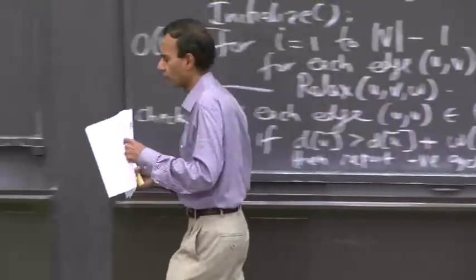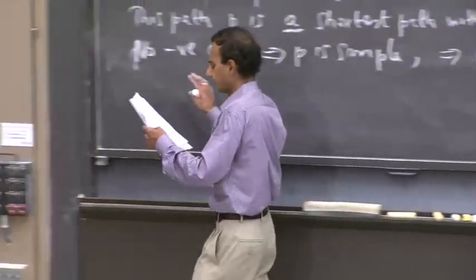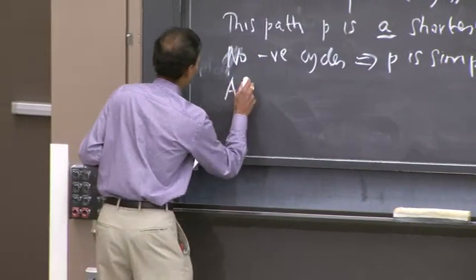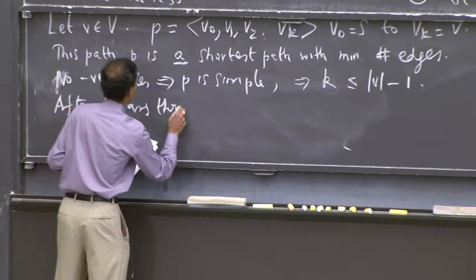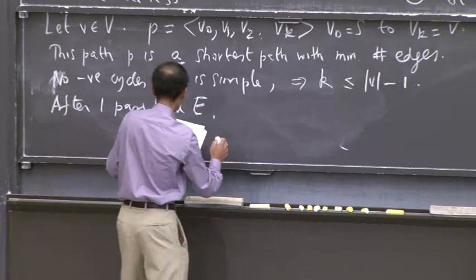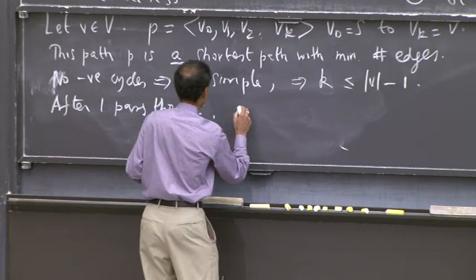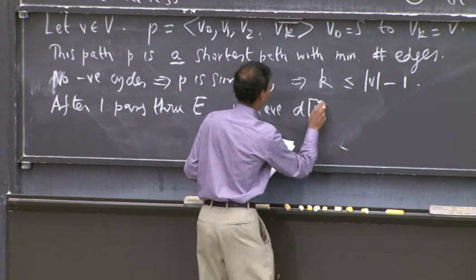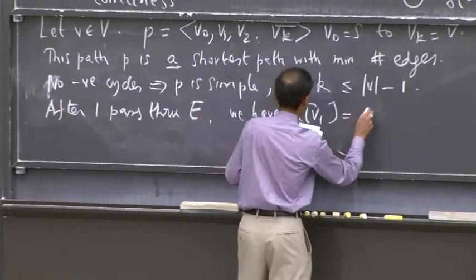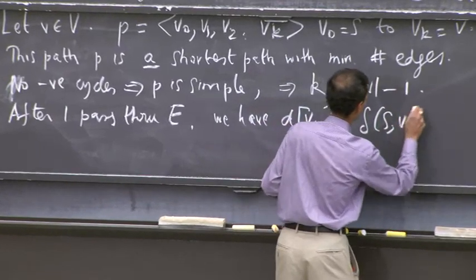And you can write that out. I'll write it out here. But that's basically it. So after one pass through all of the edges E, we have d of V1 equal to delta S V1.